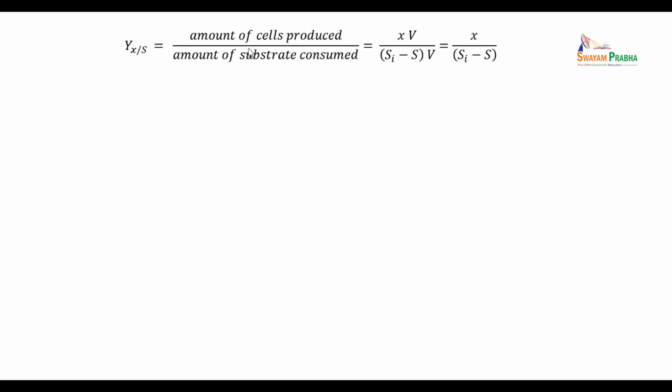So the y-axis is the amount of cells produced by the amount of substrate consumed. The amount of substrate consumed is S naught minus S, Si, the inlet, right?